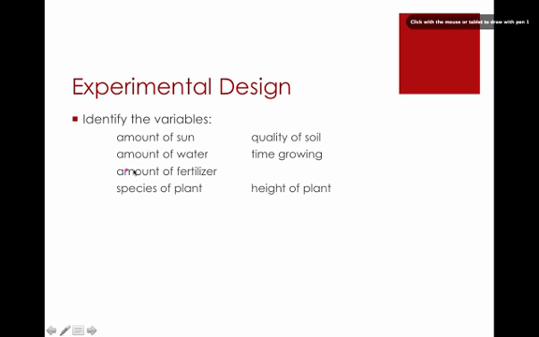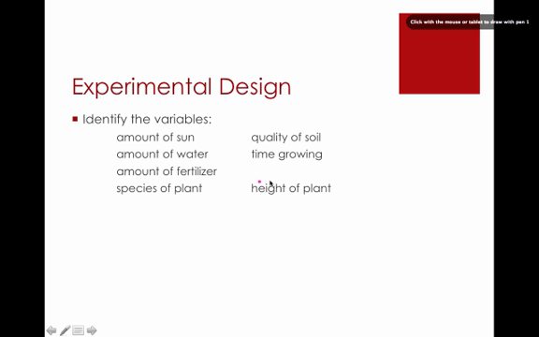Plants need sun. If you change the amount of water, that should affect how much the plants grow. Maybe you used fertilizer and didn't use fertilizer. Maybe they're different species of plants. The quality of the soil, the amount of time that they were in the ground. We're assuming that they all got planted at the same time. Maybe they didn't. Separately here, we've got the height of the plant as another kind of variable we can deal with.